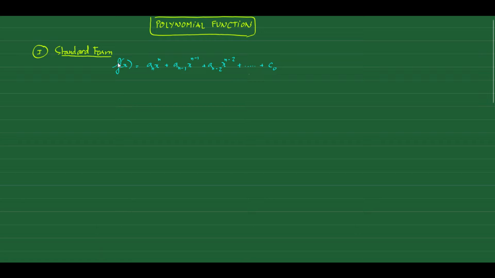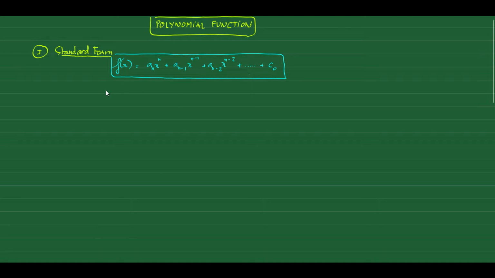Okay, so we try to understand what the letters over here mean. Because it contains so many terms, I have to use ... and the last number here is just a number, and a sub n, a sub n minus 1, a sub n minus 2 here, these are just the coefficients.